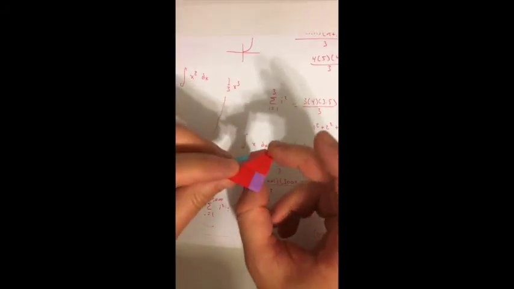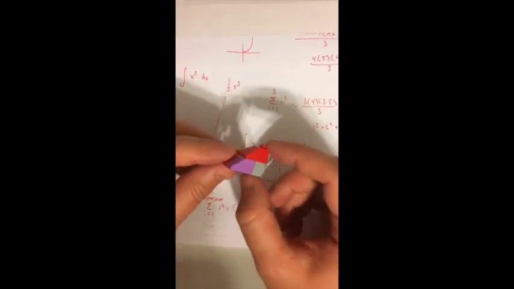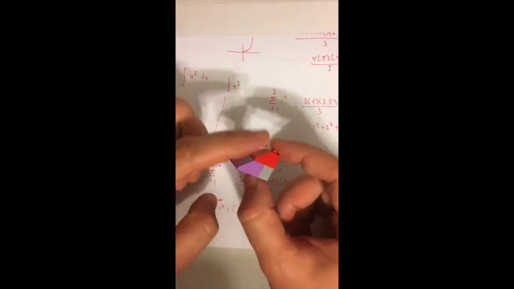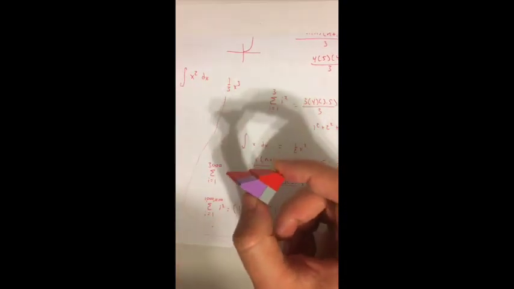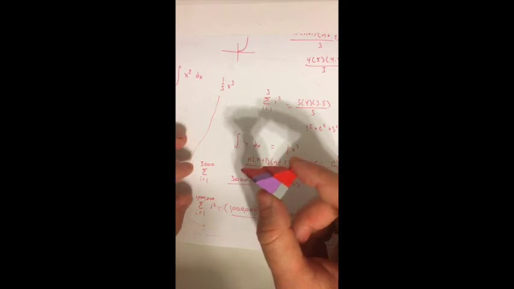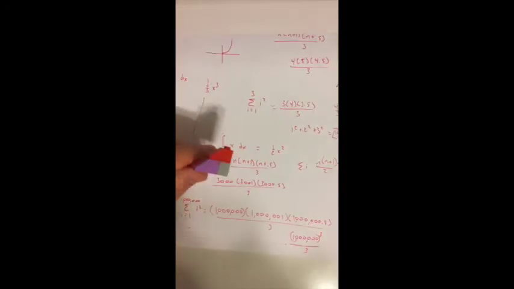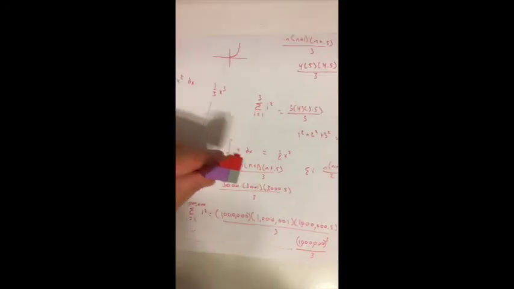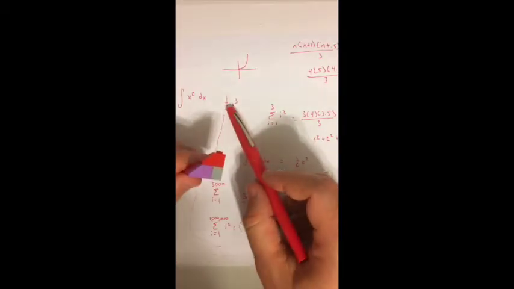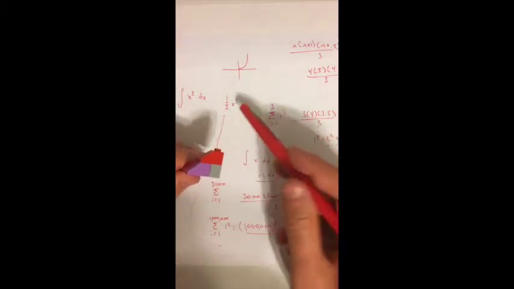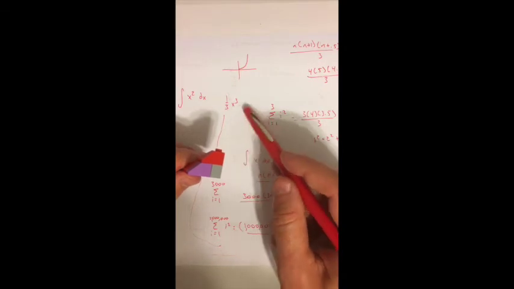And if you want to see this visually, imagine that this is the shape that you're trying to measure. What is the area of the shape if this is going from 0 to 3? And by the way, we know, based on integration, that would be 3 cubed, which would be 27 divided by 3.